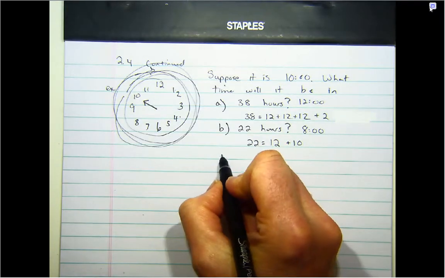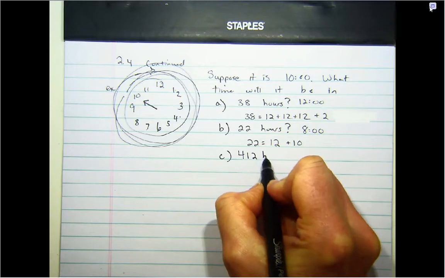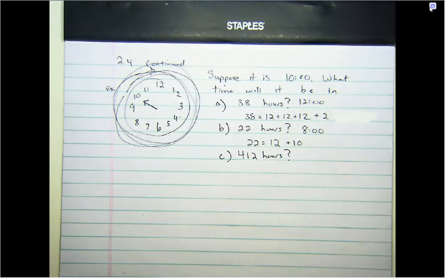Well, let's go for a bigger number. 412 hours. So it's 10 o'clock. What time will it be in 412 hours? And I think this is a good time to take out your calculators if you haven't. We'll be using our calculators quite a bit today.